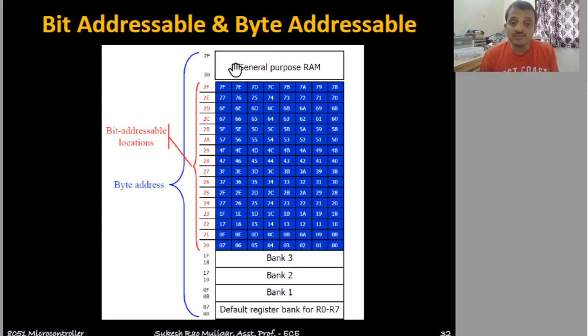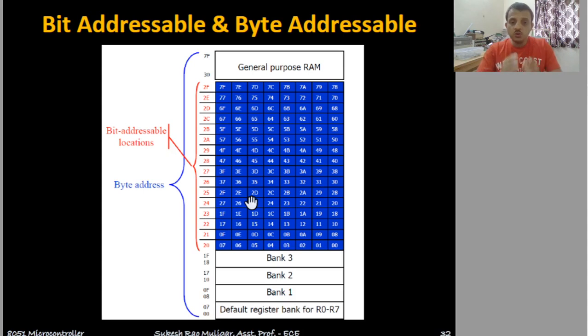As long as you're not using the features of the bank registers or bit addressable, you can consider all these locations from 00 to 7F as general purpose RAM. There is no condition as such. You can use even the 20H to 2F locations as general purpose area, no problem, unless you manipulate any bit using a bit addressable instruction. That is the only caution.